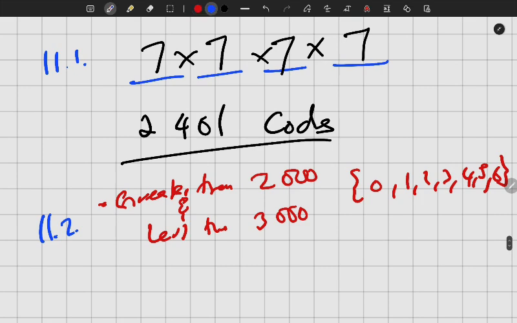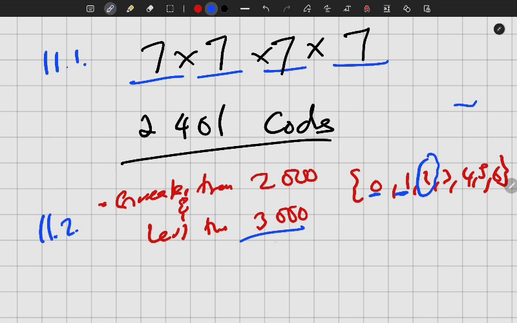So it cannot start with 0 or 1, because if it starts with 1, it's going to be 1000 something. If it starts with 2, it's going to be 2000 something. So it must start with a 2, but it must also be less than 3000.